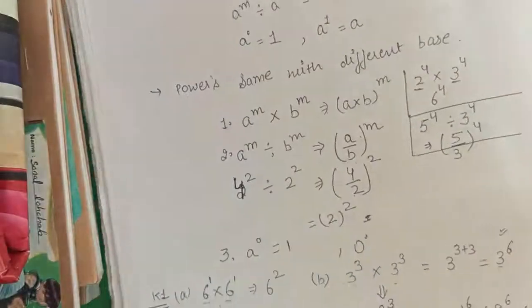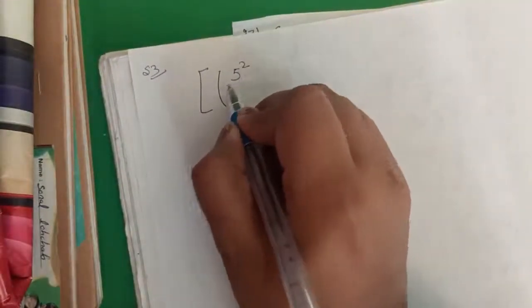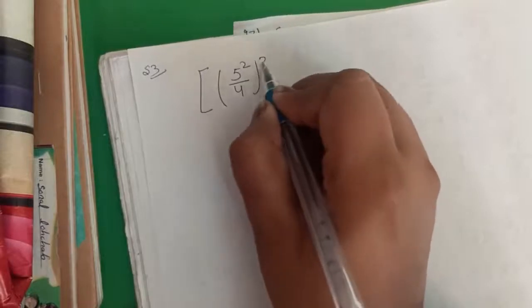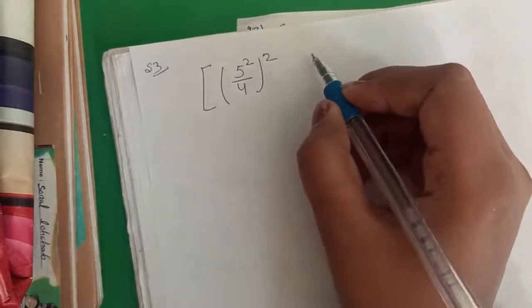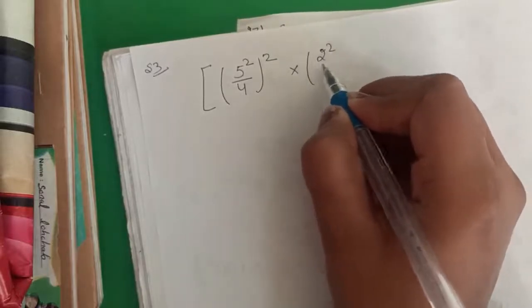Now come to S3, that is, simplify this expression. Big bracket, then small one, 5 to the power 2 by 4, the complete to the power 2, multiplied with 2 to the power 2 by 5.